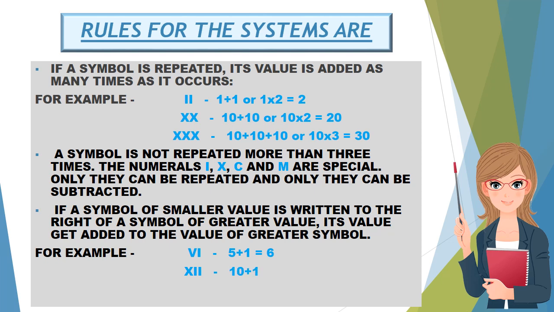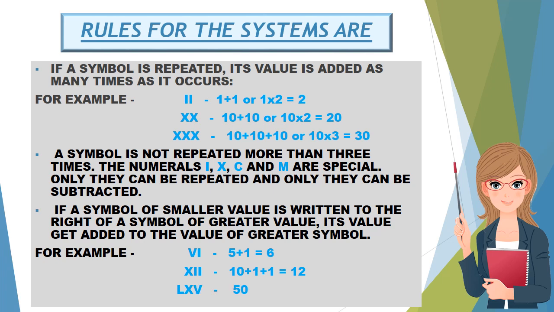XII, we know that we can write a symbol maximum up to 3 times. So we can repeat I 2 times, and the value of X is 10, which is greater than the value of I. So we add this together and the value for this symbol comes to 12.